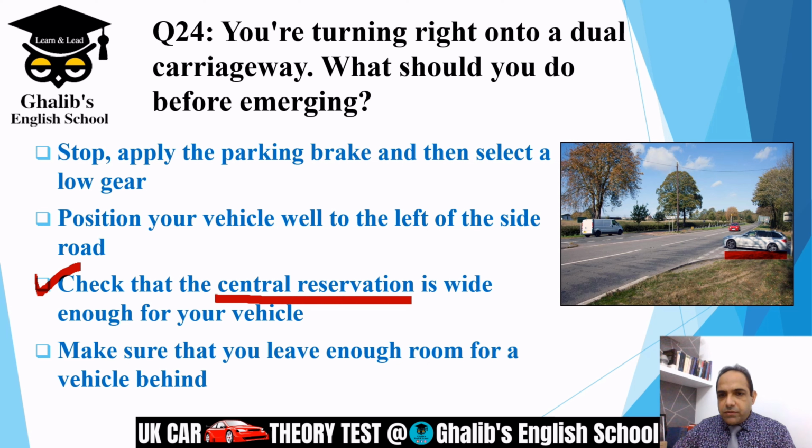This is the center reservation. Can you see these dotted lines right in the middle? This is where you stop for a while, and when the traffic is clear in both directions, then you carry on. Then you take your turn. So you need to use the center reservation. If there is enough space, then you can go on. If not, then you need to wait.